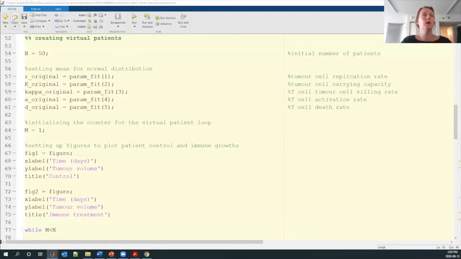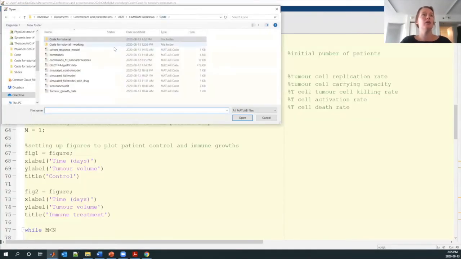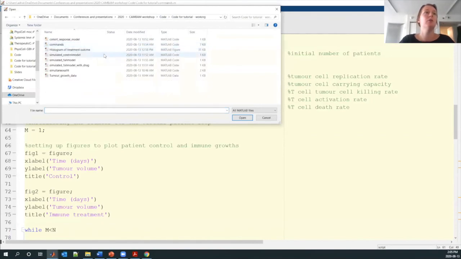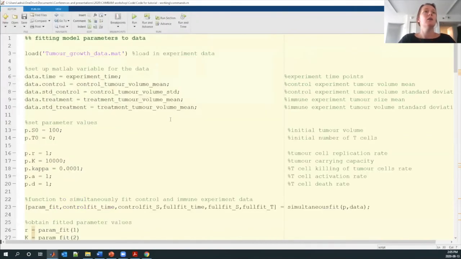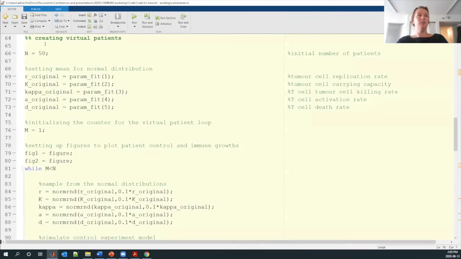I'll open up the working code because that's probably what everyone's following along with now. If you scroll down to the section that says creating virtual patients, I've said that the number of patients we're going to create is N equals 50. Of course, 50 is quite a small sample size; you probably want more like 200 or more.